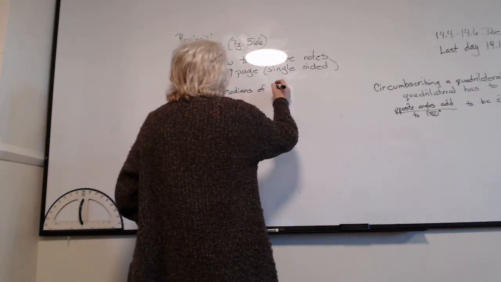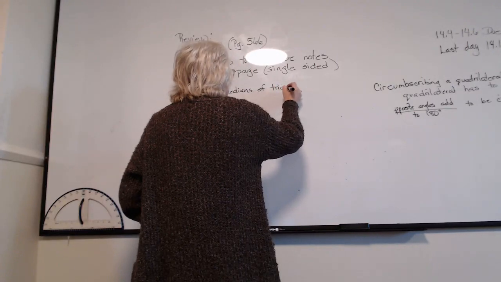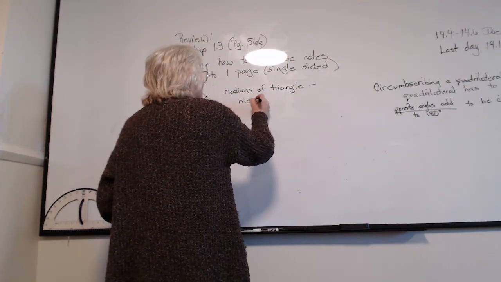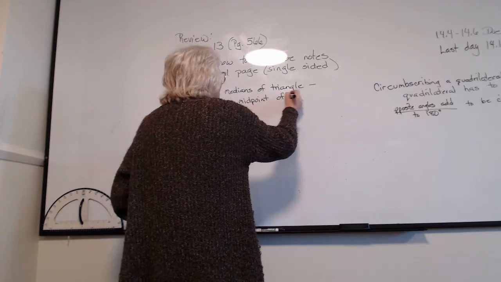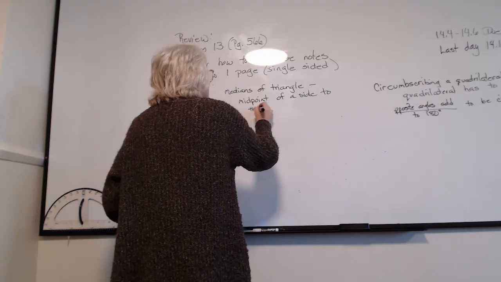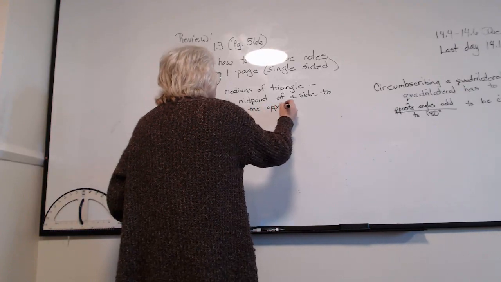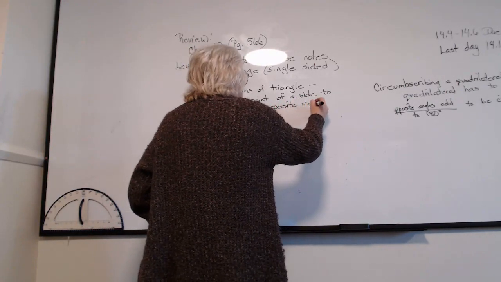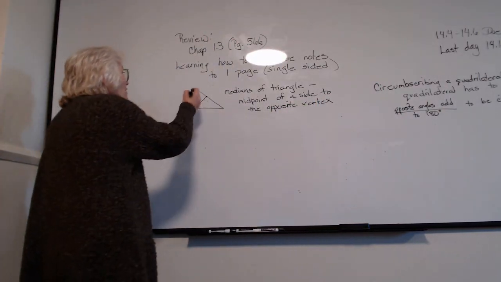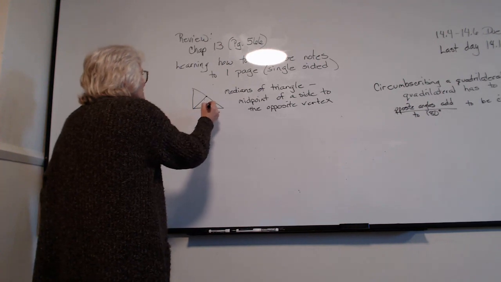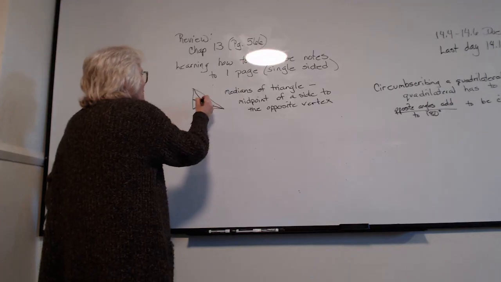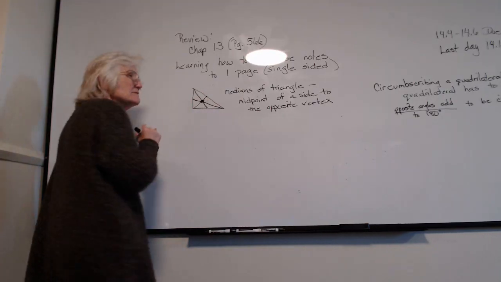So medians of a triangle go from the midpoint of a side to the opposite vertex. What is that called when they are concurrent also? What is this point called?